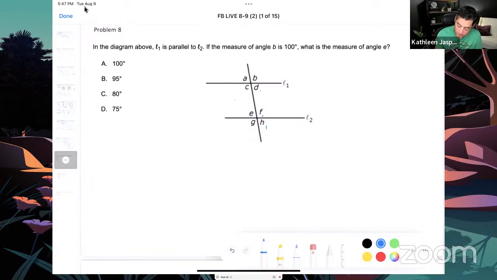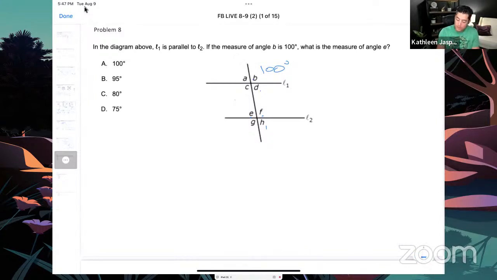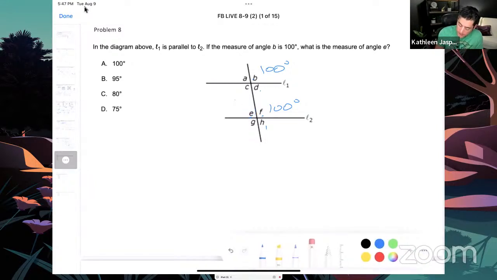Now I have 100 degrees as angle B. So if this is 100 degrees, then it correlates to angle F, which is also 100 degrees. So by definition, if I need to find angle E and these are on the same line, we know that two angles on a straight line are known as a linear pair, which means it's equal to 180 degrees.